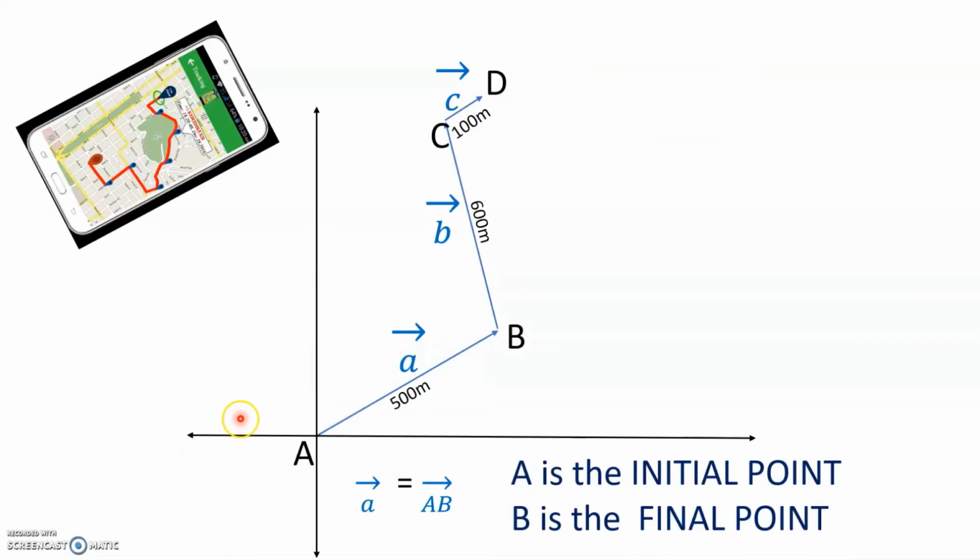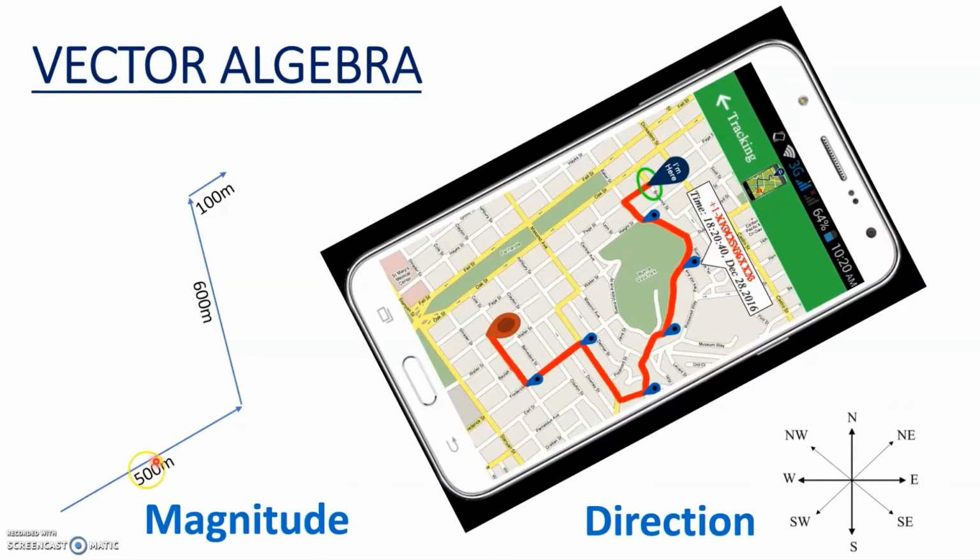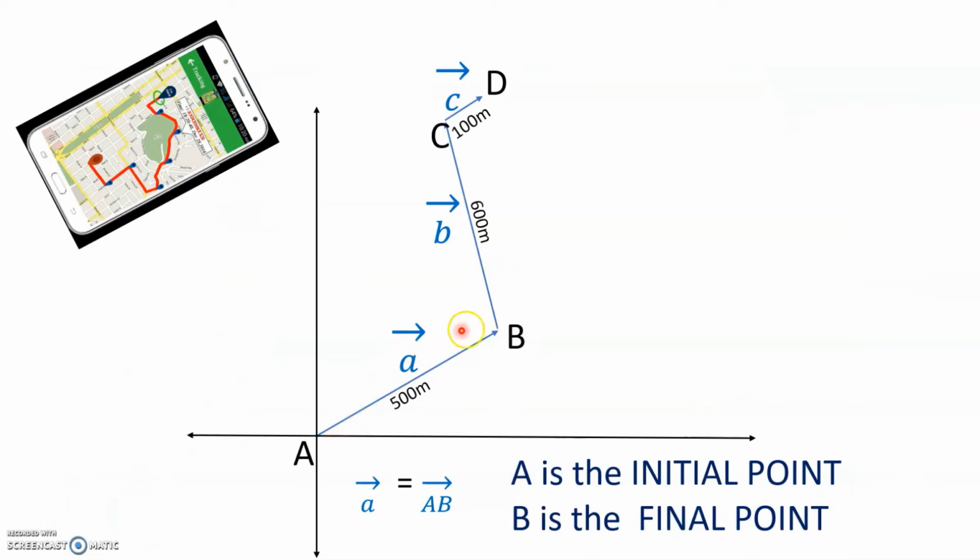Now let's proceed. I've just taken the same route from the school to your home, and I have plotted it here, and I'm giving them points. I put it on an XY plane, and I'm calling the starting point A, where your school is, and I'm going to call the point where you have to turn left B. I'm going to call this length vector A. So what does this vector illustrate?